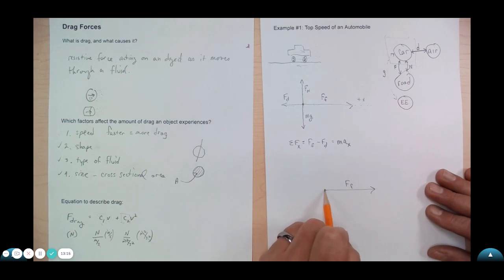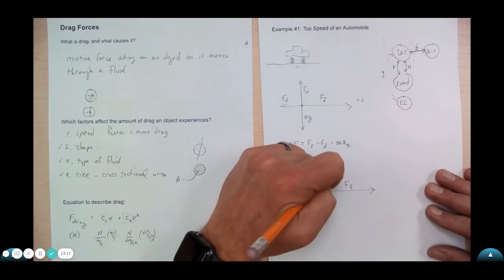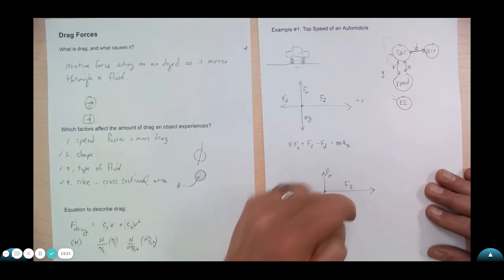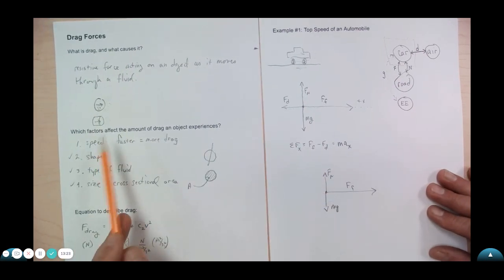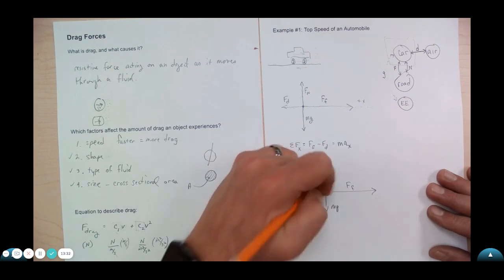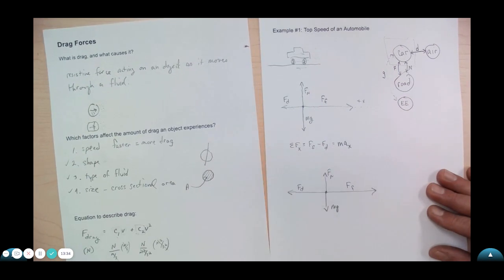But now that the thing is going faster, we know that the speed of the object affects the amount of drag that the object has. So once the thing is going faster, now the drag force is bigger. Well, there's less unbalanced force now because these two are closer to being the same size. So that means the acceleration is going to be less.